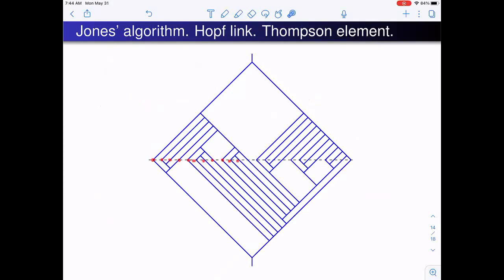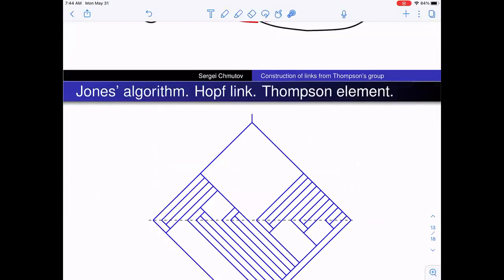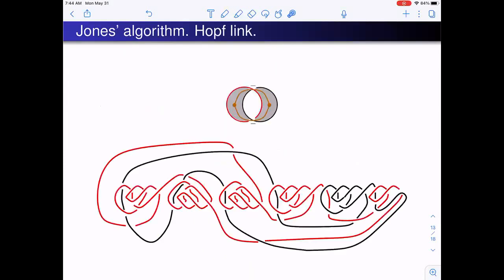right there. And one thing to improve the Jones algorithm, that I noticed when I was preparing for this talk, is that I can actually do it better in that particular example, at almost no expense.